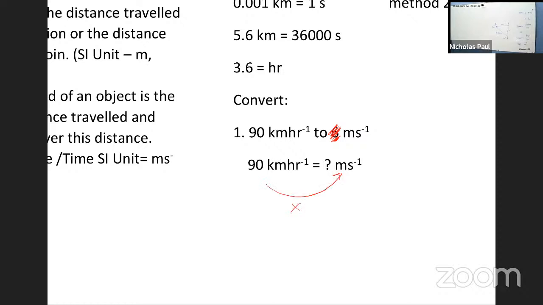You multiply by what? 0.27. What did you get? 24.3. Right? 24.3.